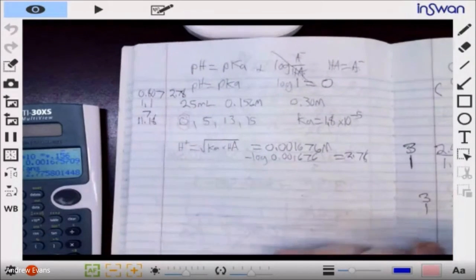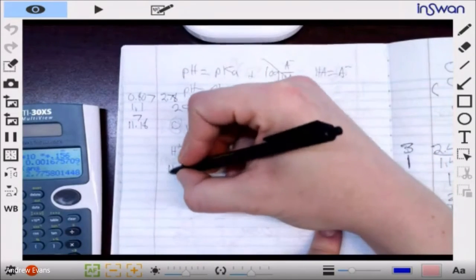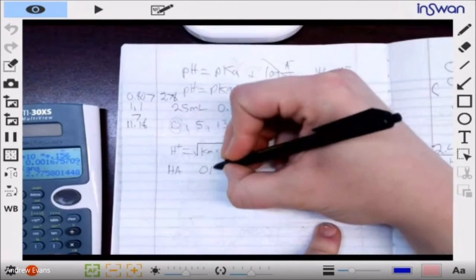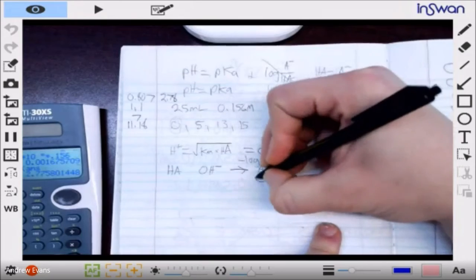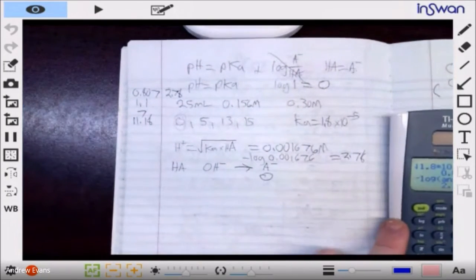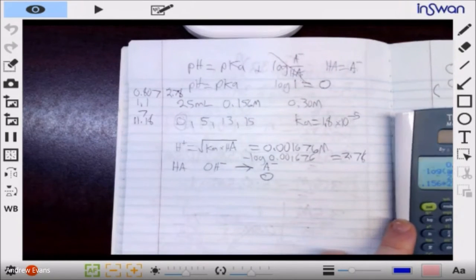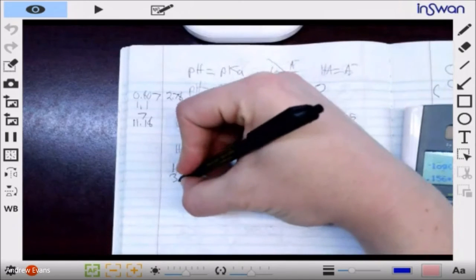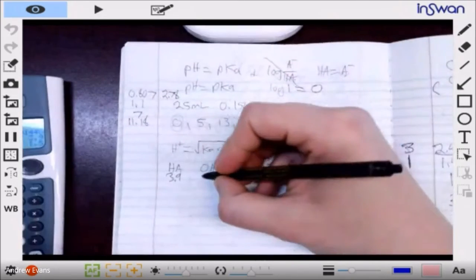Now at 5 mils. So we're going to write HA, OH minus, and on the other side we have A minus. We're going to start with 0 amounts of that. 0.156 times 25 was 3.9. We said 5 mils times 0.3 molar was 1.5.